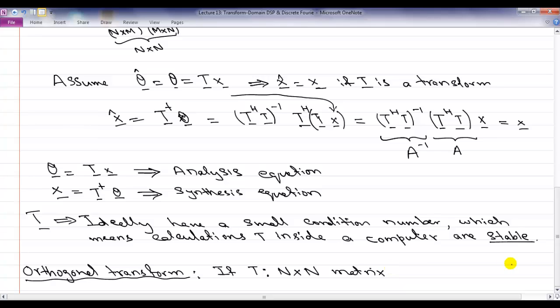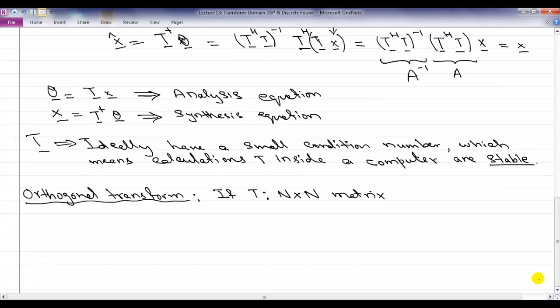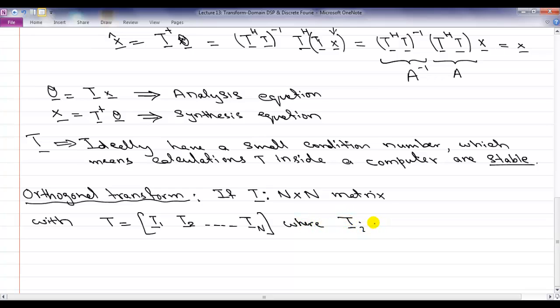And the other condition we are going to impose here is that if I denote the columns of my T, so if I write T as T1, T2, up to Tn, where Ti, which is a column vector, is an n by 1 vector.